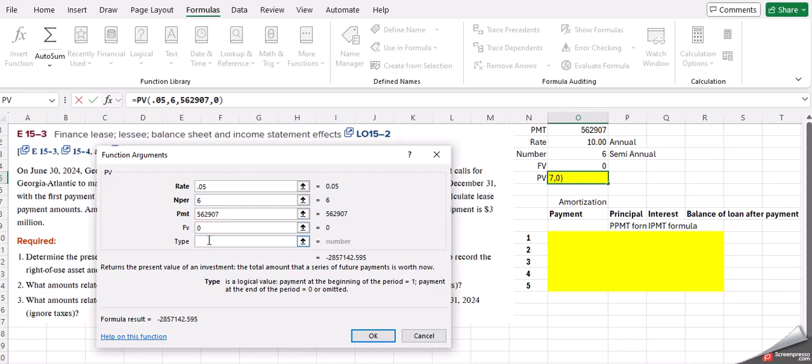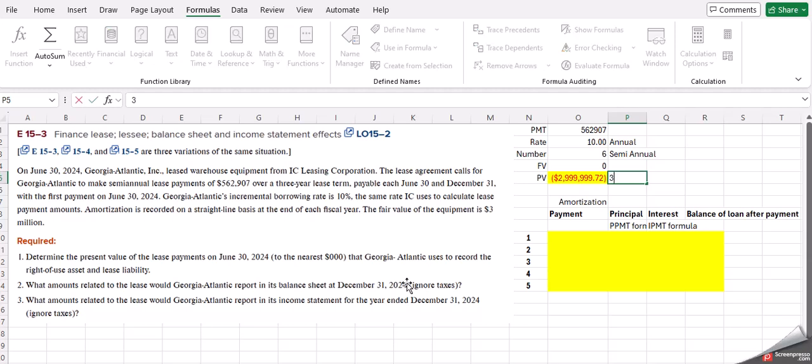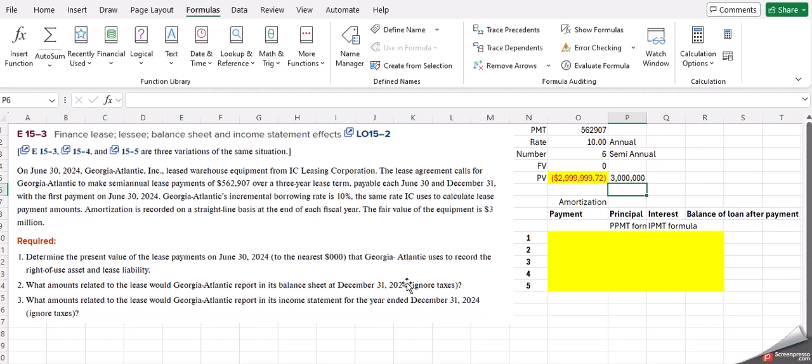And then the first payment's going to be made in January, so we want to put in a 1. Because again, look down here: if the payment's made at the beginning of the period, make it a 1. So then we hit enter, and we see it's basically $3 million. So that's what the problem wants us to use, the $3 million.